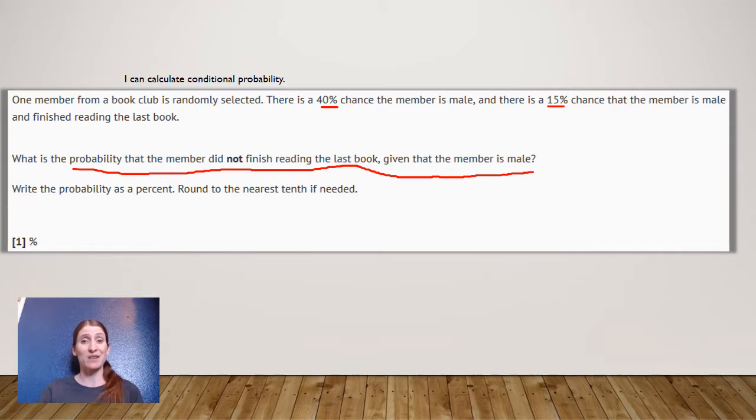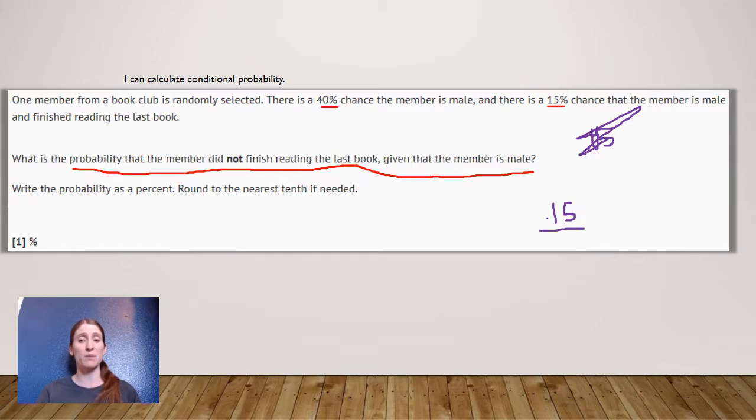So this is what I like to do on these questions. I'm going to just find what happens here. So I'm first going to change 15% to a decimal, which is point, oh, that's really bad. I'm sorry. Okay, let me start over. 0.15 is 15% in decimal. That's going to be my numerator.